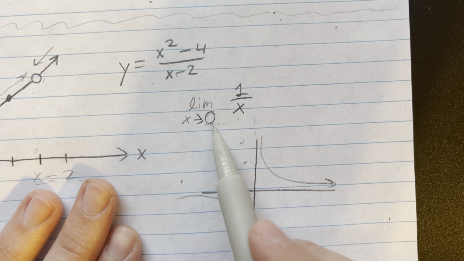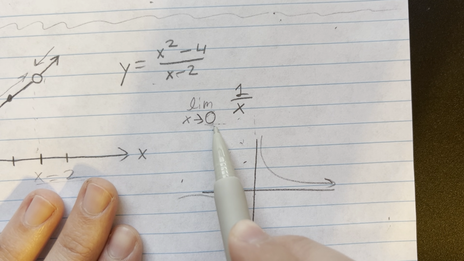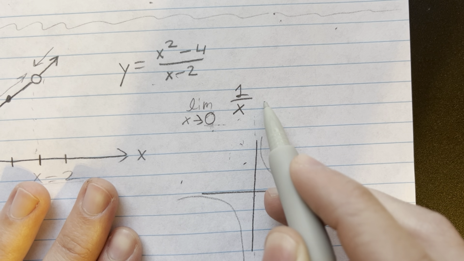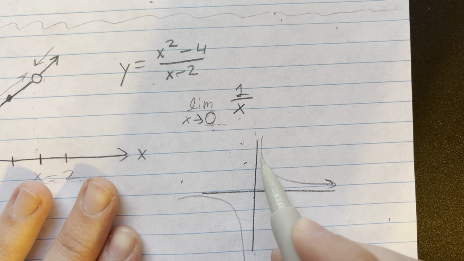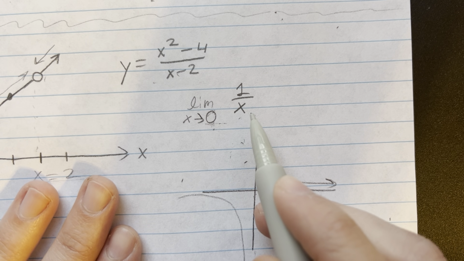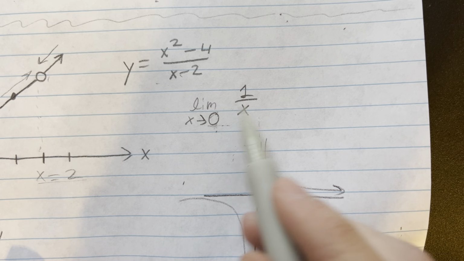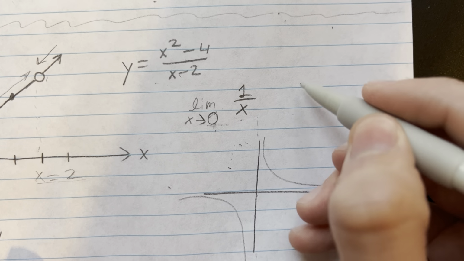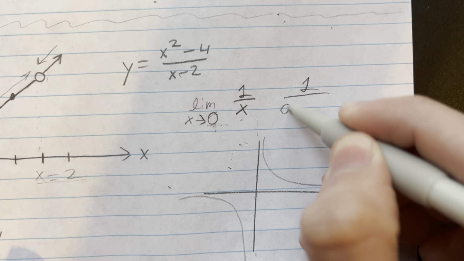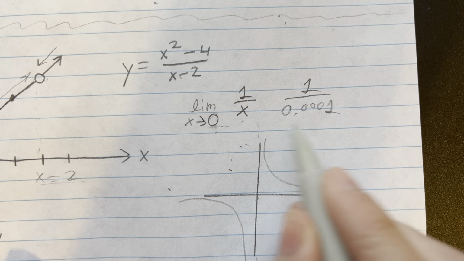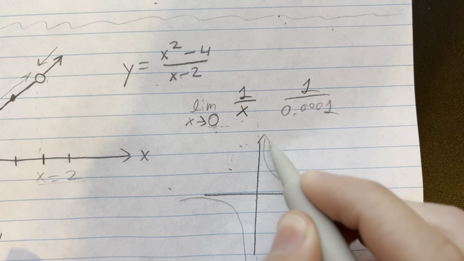We are plugging in very, very small numbers that are positive, right? And so we're going to end up getting a very, very large fraction here. Again, think about plugging in 1 over 0.0001, right? That's going to be a very large number. It's going to extend to infinity.